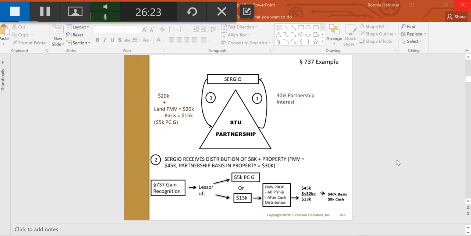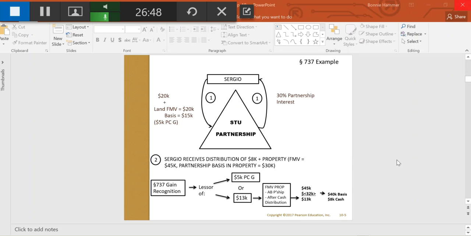Oh, but what they don't tell you on this slide, I forgot about this on the lecture last night, but actually the same example is in your text, so you can read it in the book, in the chapter. His basis in his partnership interest on the date of this distribution in year 2 is $40,000, okay, before distribution.